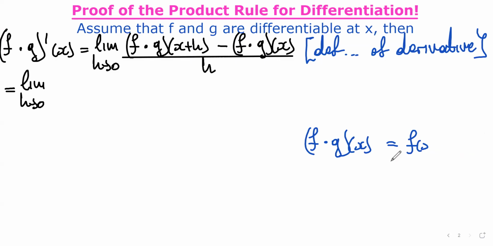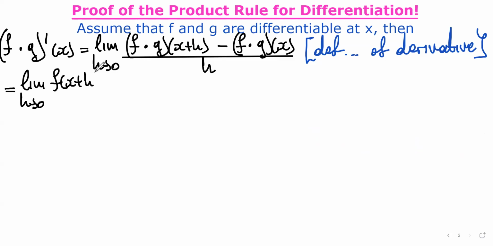So this is what I actually mean when I say we have to define the product of those two functions, which means for the first one, we are actually going to have f of x plus h, and this is multiplied by g of x plus h.